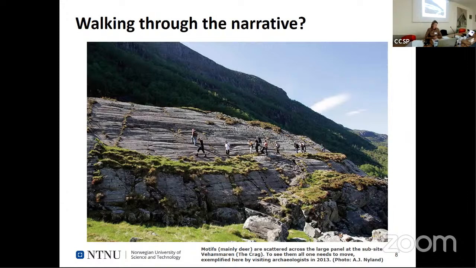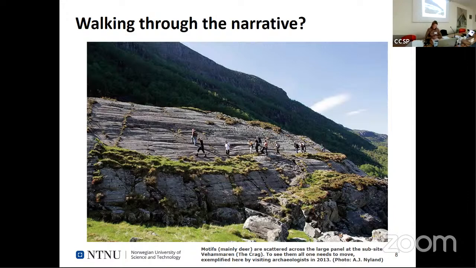This is an example from Wingen, where you can see some archaeologists visiting the site. I think perhaps you among them, yeah. And you can see this is a panel that you can walk in different directions, and it's a large surface. So will you change some of the meaning behind the motif simply by walking another direction?